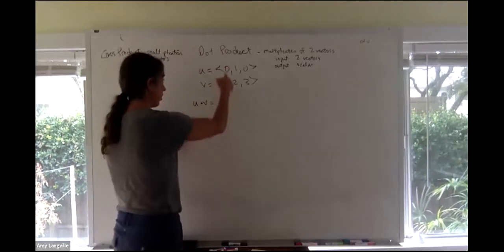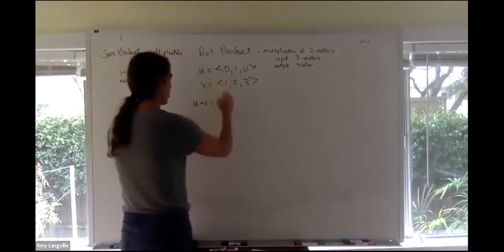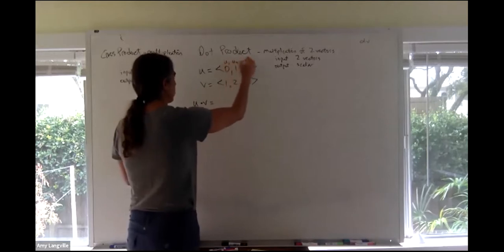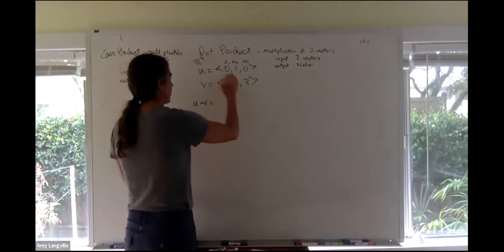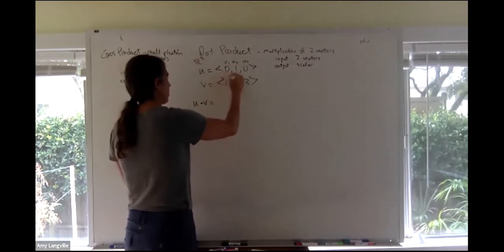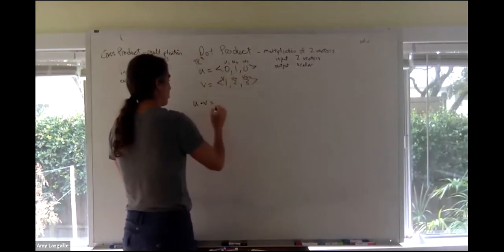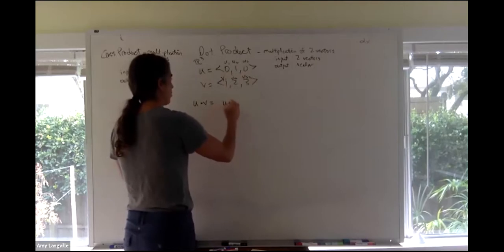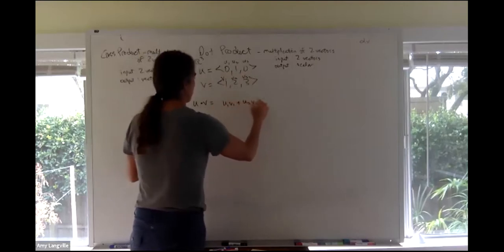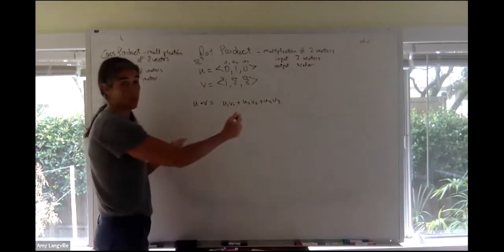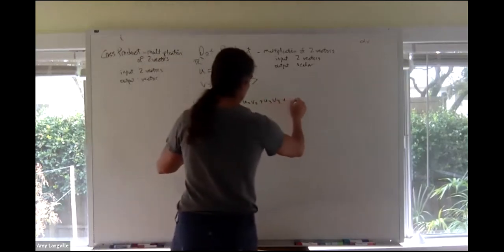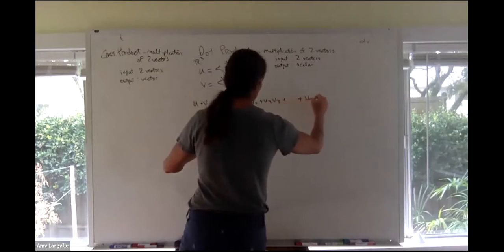If u1, u2, u3 are the three components of these R3 vectors, and this one would be v1, v2, v3, in general, the definition is u1 v1 plus u2 v2 plus u3 v3. And I could have n-dimensional vectors, and so I just say plus dot, dot, dot, up to un vn, right?